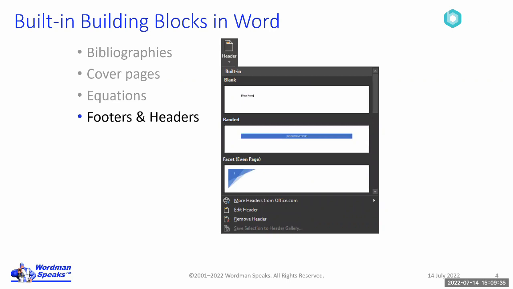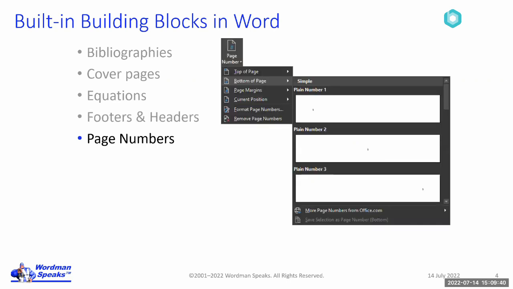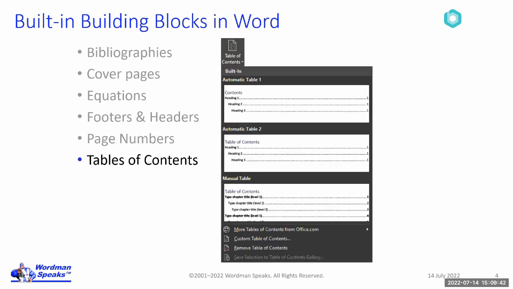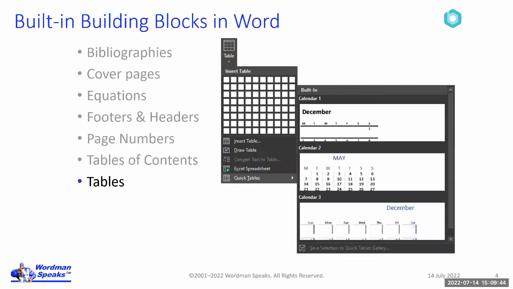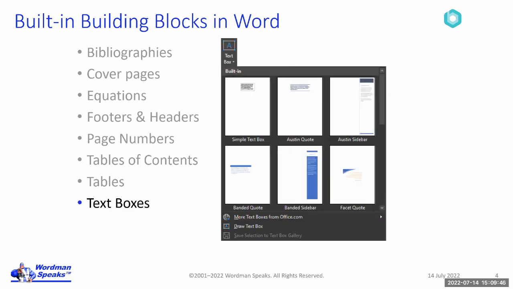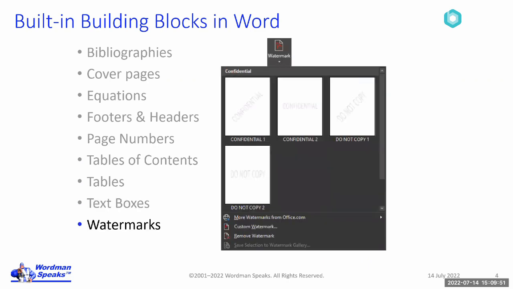Headers and footers, the ones that are predefined, are building blocks. All your page numbers are building blocks. Tables of contents, predefined tables, even the text boxes and watermarks. These are all building blocks which are built into Word. They're just the same as building blocks you can create. In fact, when you create a custom watermark, for example, you're building a new building block. It's just that Word is doing it for you.